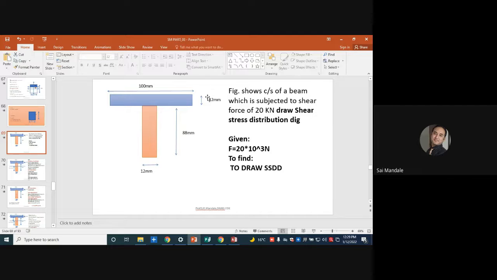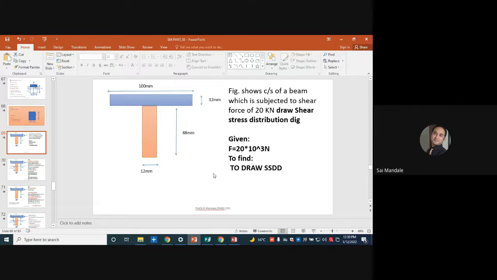A2 is 100 into 12. What is Y1? Rishikesh, what is Y1? 88 by 2. Very good. And what is Y2? 88 plus 12 by 2. Perfectly correct. Nice. So go ahead and calculate the values of X bar, Y bar.